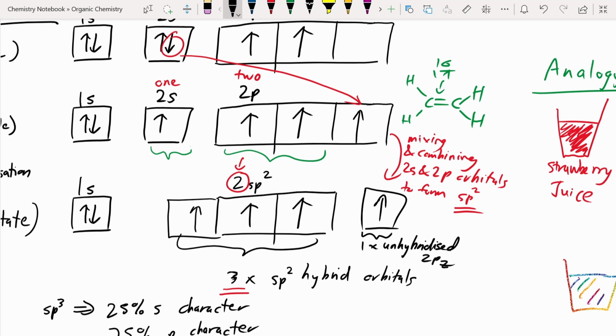hybrid orbitals will help you form your 3 sigma bonds. So 1 sigma bond with your hydrogen, 1 sigma bond with another hydrogen, and 1 sigma bond with the other carbon. And then the one unhybridized 2pz orbital will be used to form your pi bond with the other carbon, and that's how the double bond will arise.